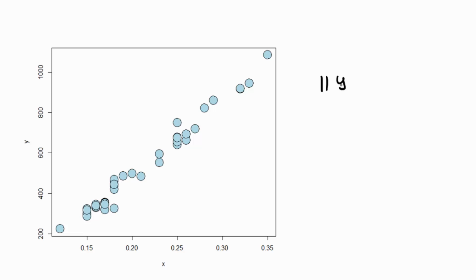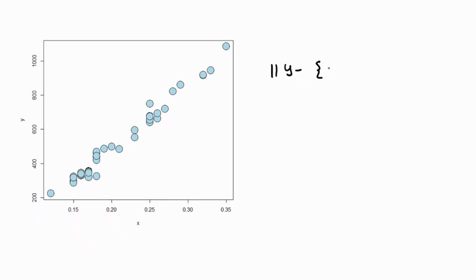So we want to minimize the norm of y minus beta naught times jn plus beta 1 times x, where jn is the vector of 1s, and x is carat, the weight of the diamond, basically.